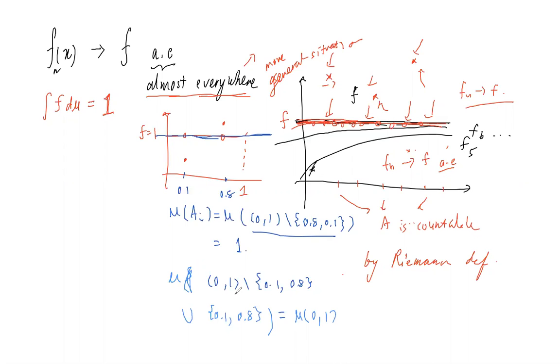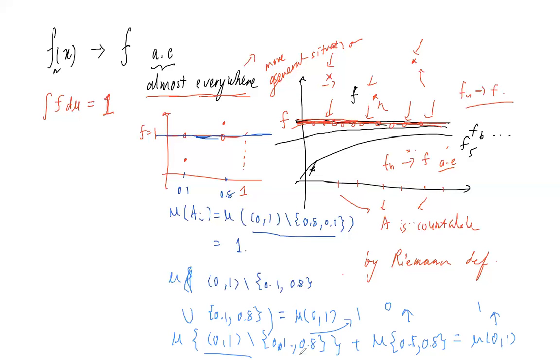Since these two sets are disjoint, the measure of 0 to 1 without 0.1 and 0.8 plus the measure of the singletons equals the measure of 0 to 1. This is just 1, and this is a countable set, so it's 0. 1 plus 0 equals 1. So the measure here is actually 1.